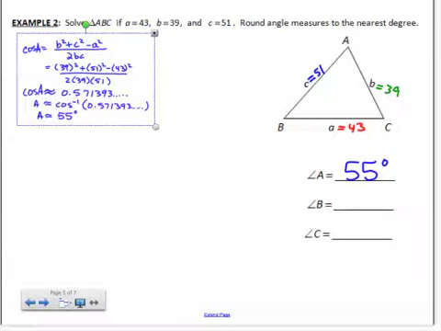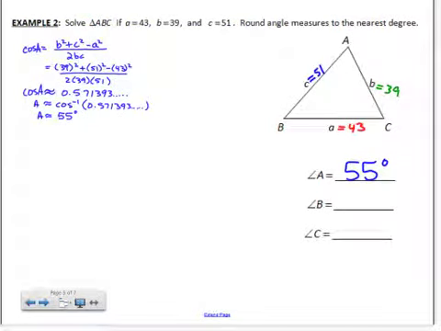So that's why it's okay for us to have an integer. Now, let's look at one other thing we should have noticed before we started on this. Look at the order of the sides. What is the shortest side? B is the shortest side. So we have 39, which is less than 43, which is less than 51.